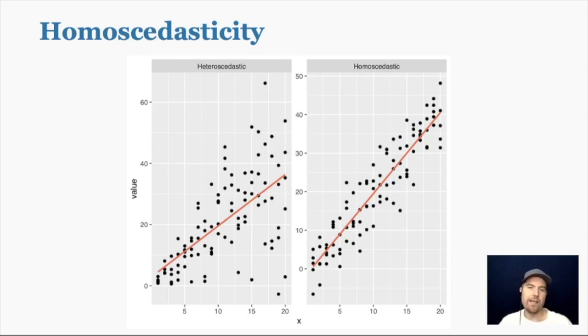Homoscedasticity is where the variability around the line is roughly equal across the whole line. So on this side where it's heteroscedastic, that's showing the variance is really small on one side and gets really big on the other. It fans out. Where the homoscedastic one, the variance is roughly the same across the whole thing.